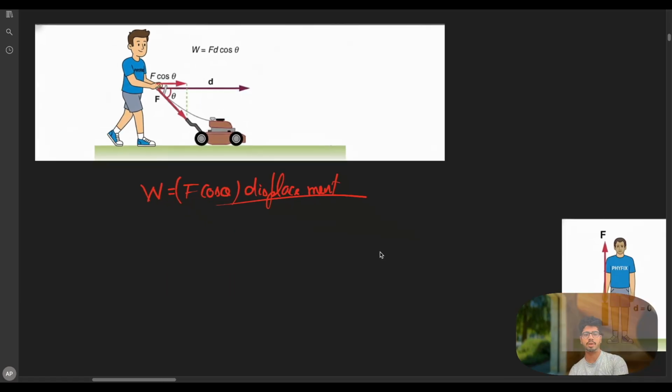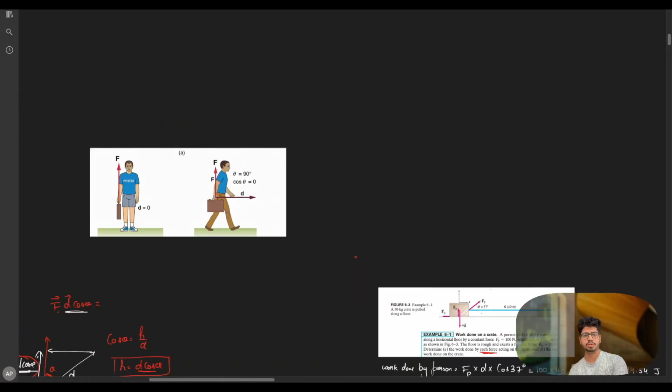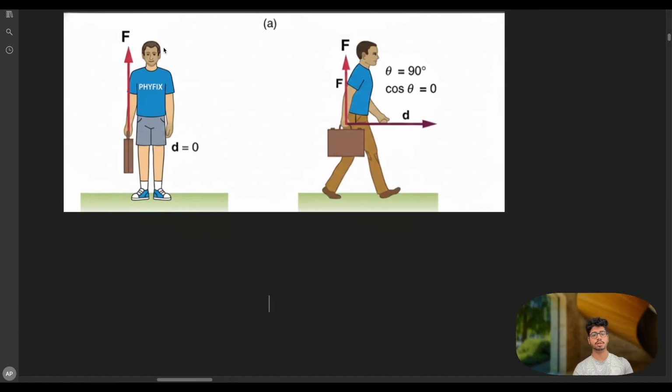Displacement is the d value that they gave. Right now this person is just holding that load, so this person is not displacing any load. If you hold something on the head, or even in the hand, you are not displacing it. According to physics, you are not doing any work because there is no displacement.